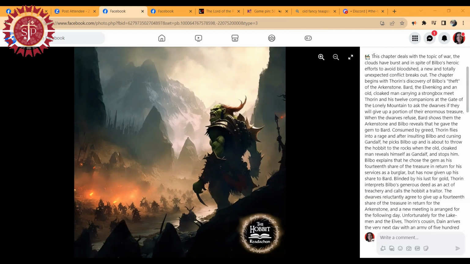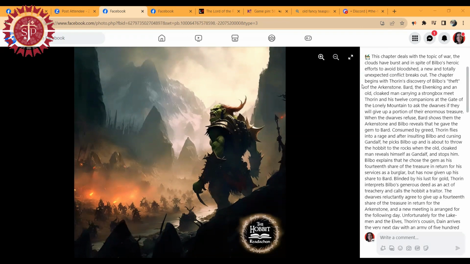Sure. Okay. This chapter deals with the topic of war. The clouds have burst, and in spite of Bilbo's heroic efforts to avoid bloodshed, a new and totally unexpected conflict breaks out. The chapter begins with Thorin's discovery of Bilbo's theft of the Arkenstone.